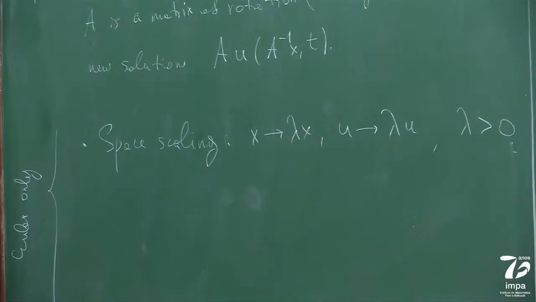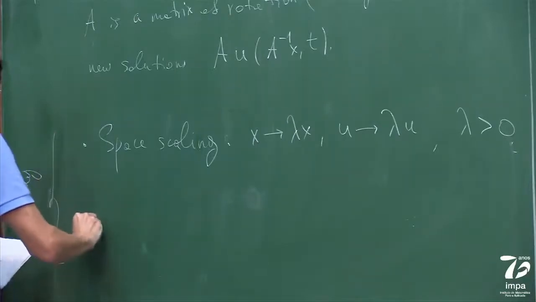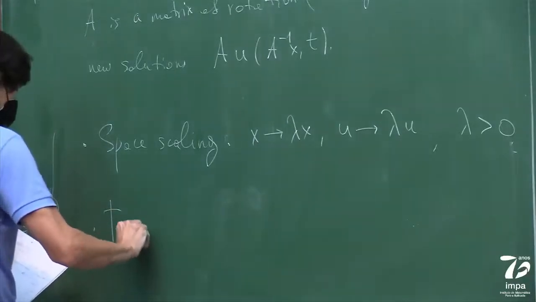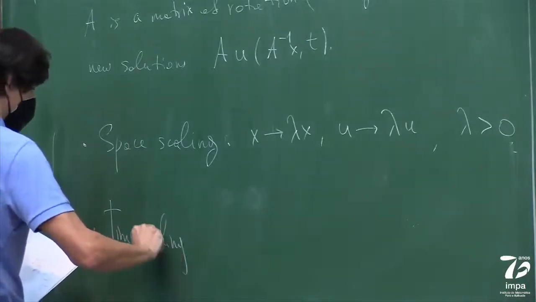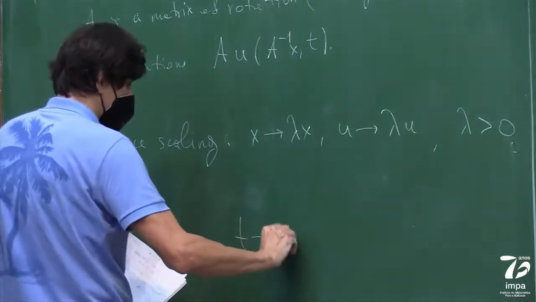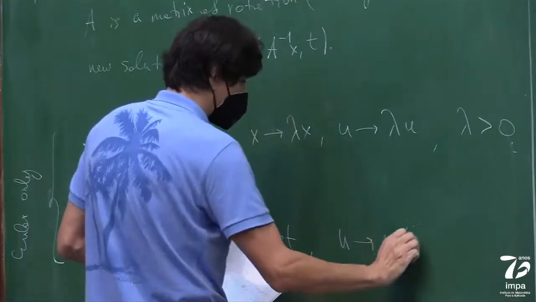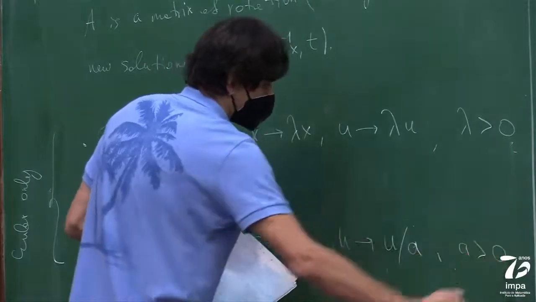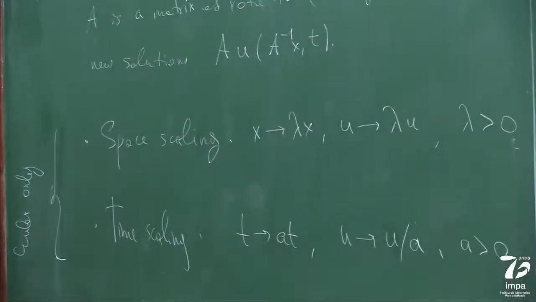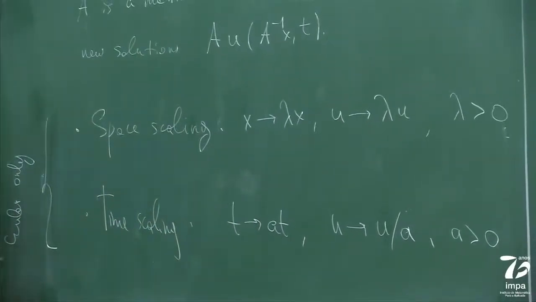It's the same equation, but only for Euler, because for the viscous term it does matter. And the second is time scaling. Something rather similar: t goes to At, but now u goes to u divided by A. It's a similar thing, whether you measure in seconds or in hours. It's still the same equation, but only for Euler.